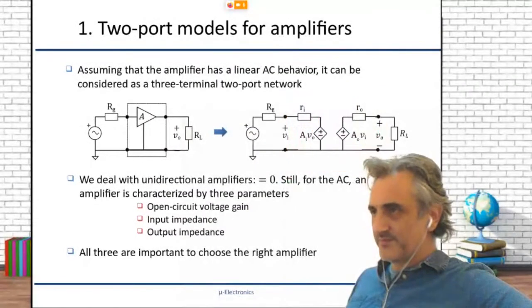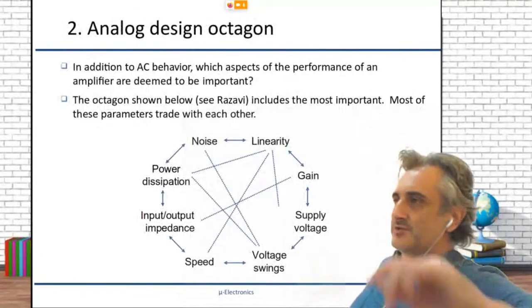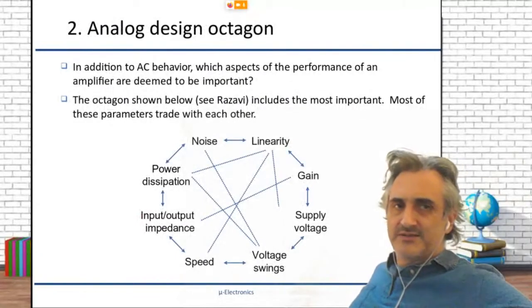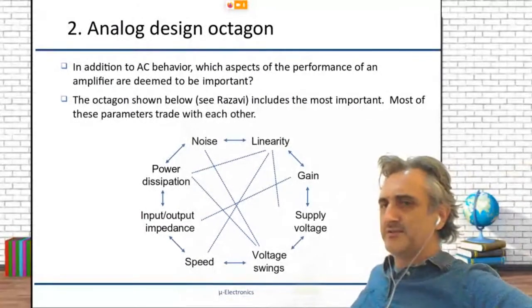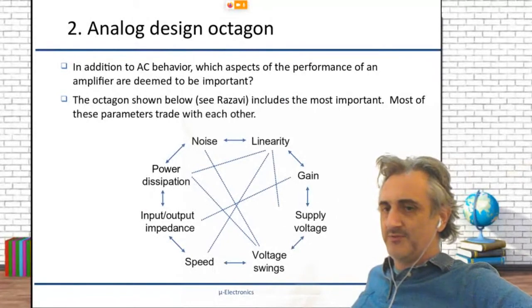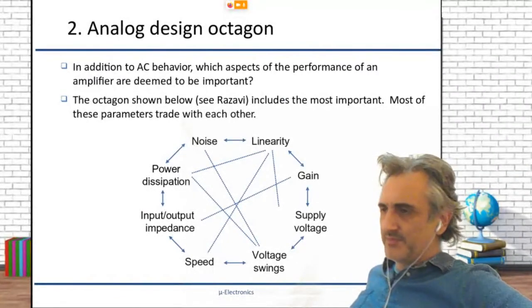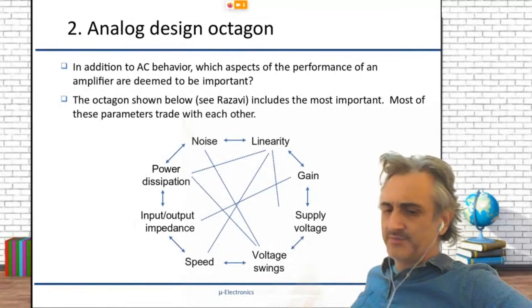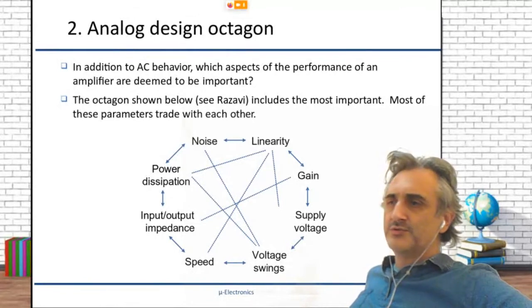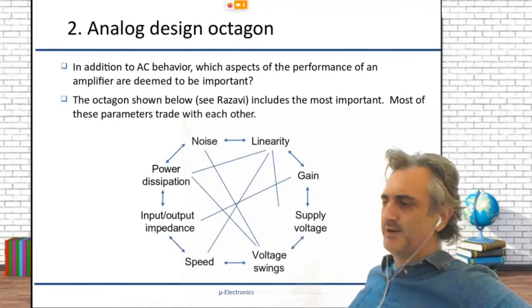Anyway, these are not the only aspects we are interested in when we are designing an amplifier. Why are we talking only about amplifiers? Because all the analog circuits are in one way or another based on amplifiers. Whenever you wish to add two signals, you use an amplifier.